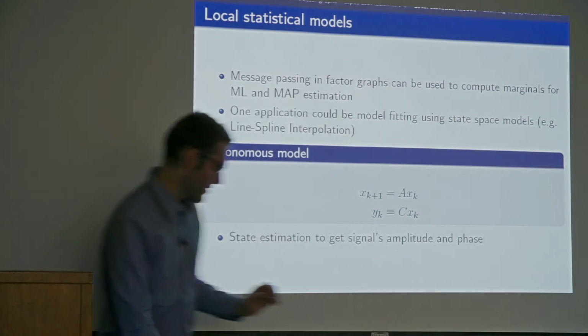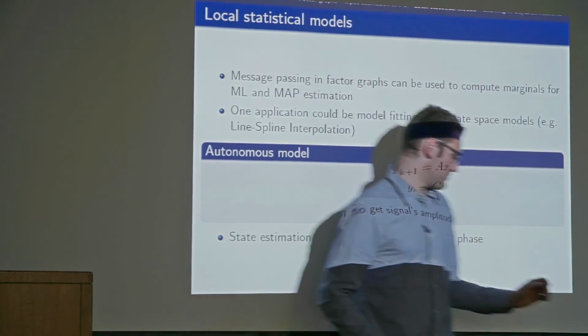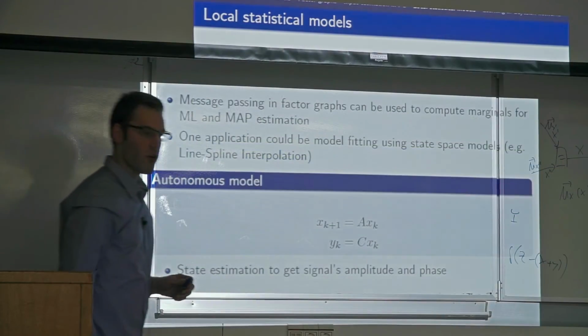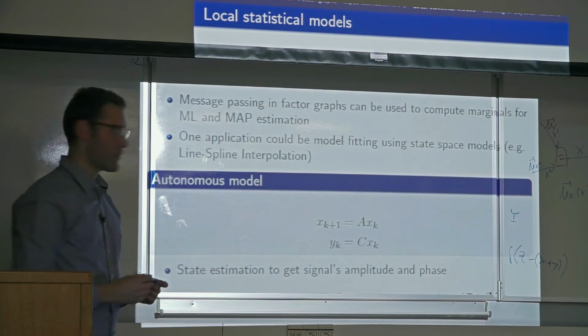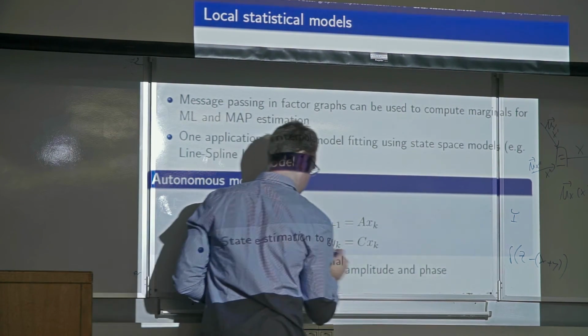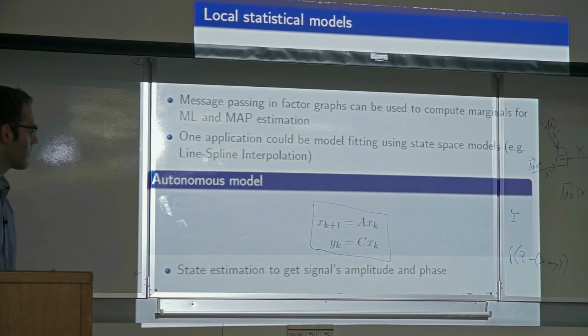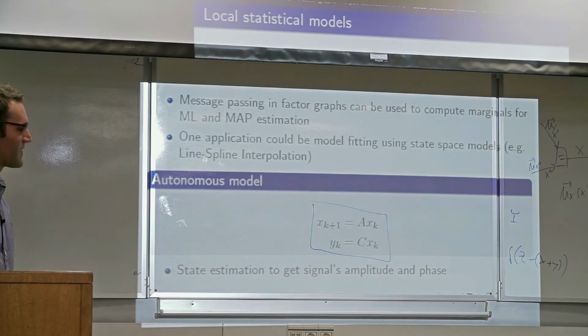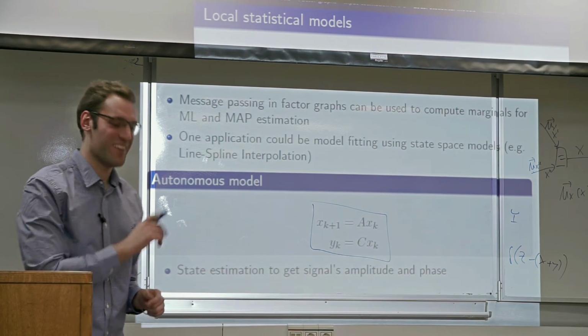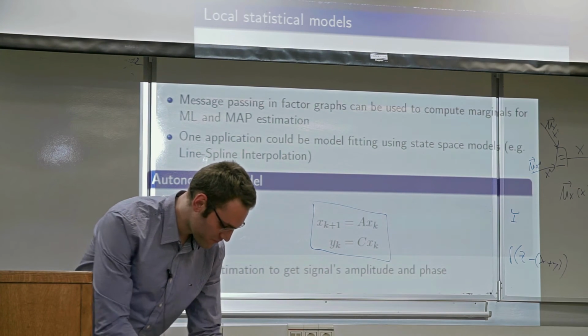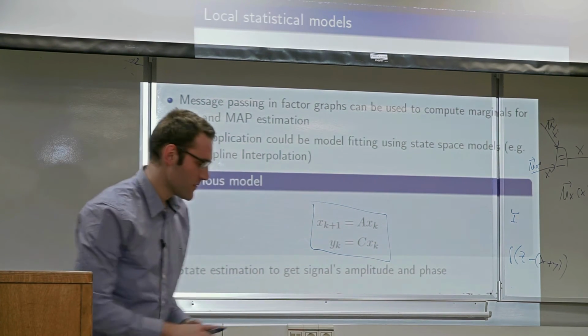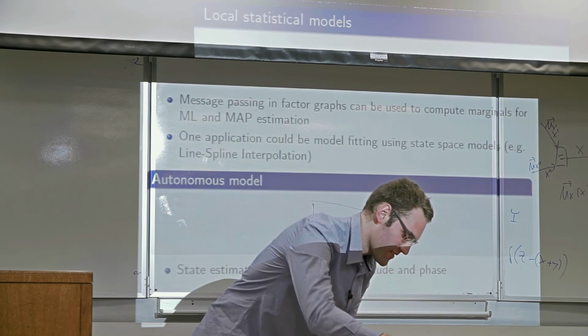So in this case, I need a whiteboard. Our main workhorse in this example is this autonomous model. This one. Okay, now we see better. I just need my laptop, one second.